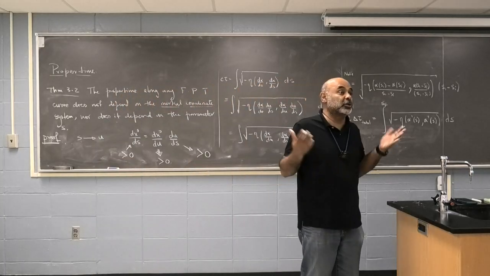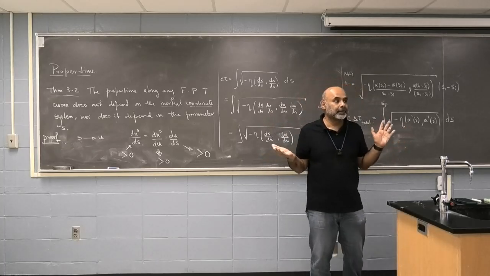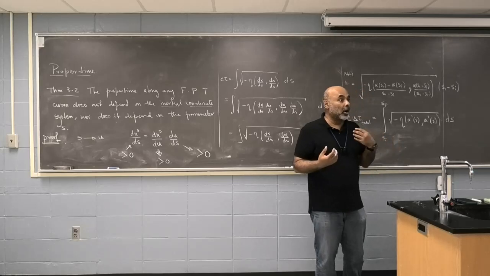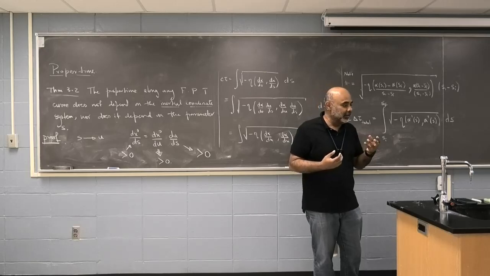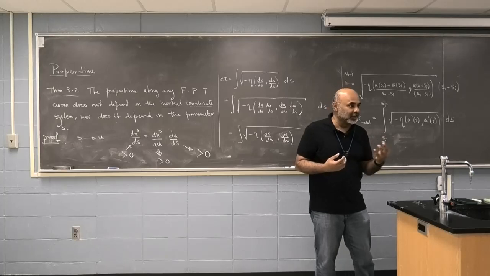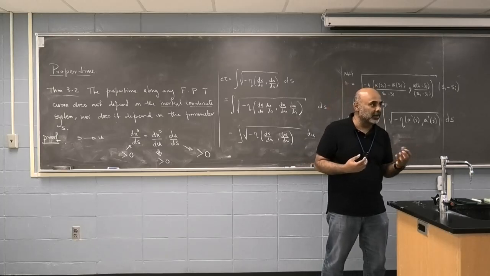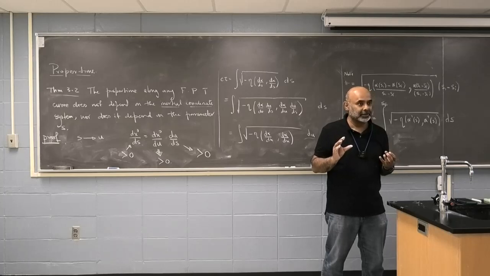So we said we're going to just use an arbitrary parameter. Sure, that works mathematically. But proper time is a physical object. It has a meaning. So that mathematical freedom that we have in choosing whatever parameter you want does not affect physics.